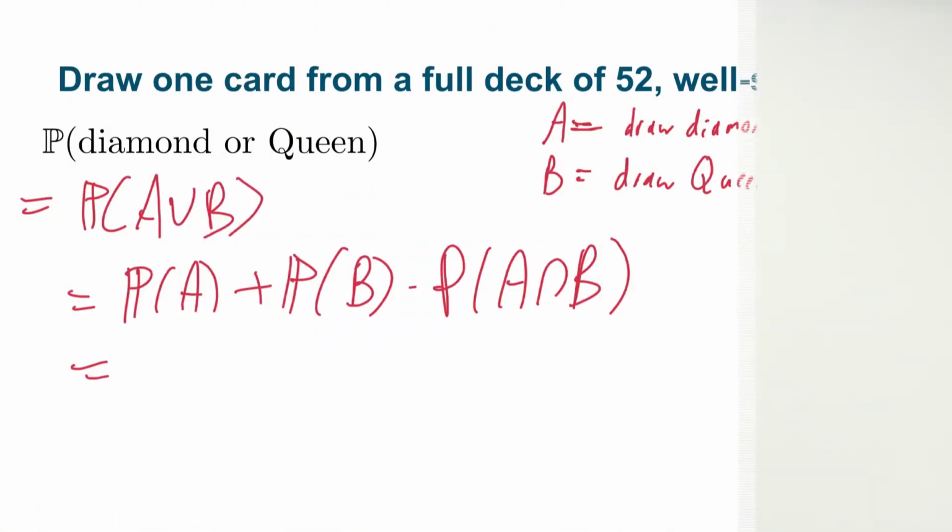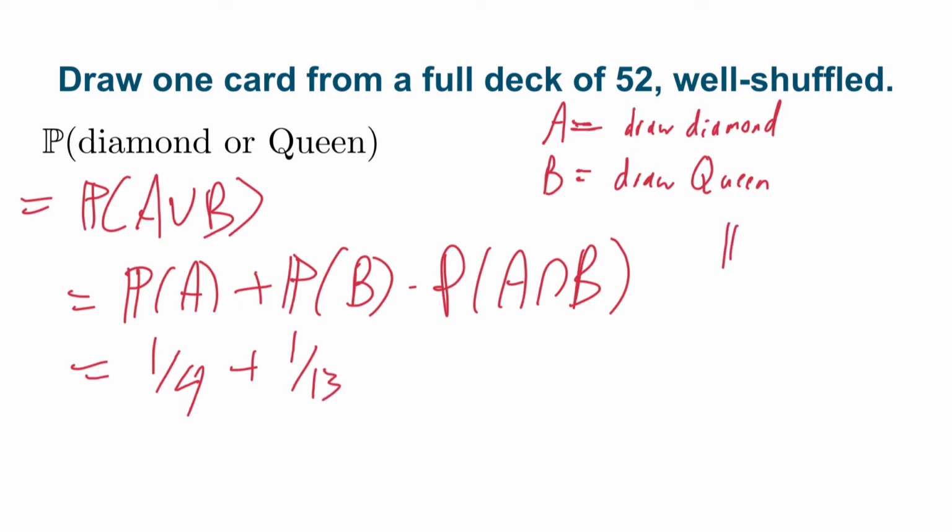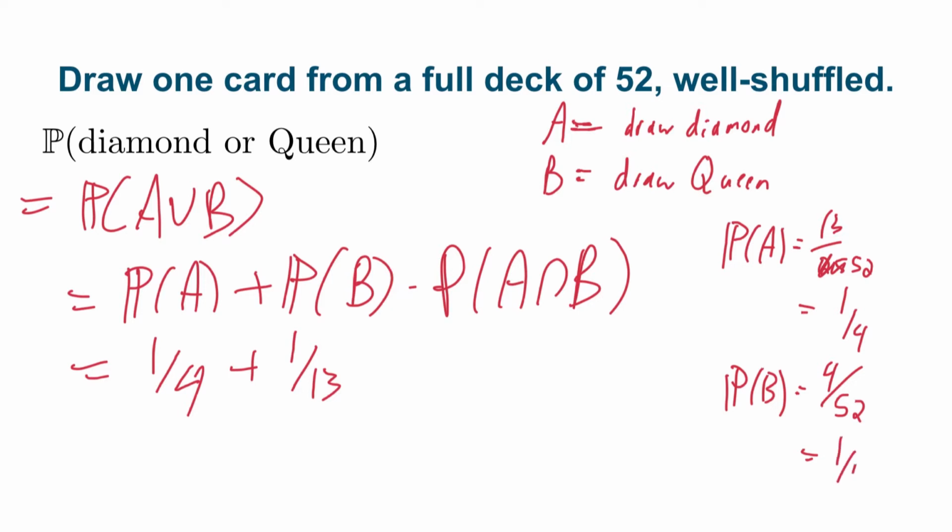So this is 13 out of 52, so 1 in 4. What's the probability of drawing a queen? Well, there are 4 queens in the deck, so 4 out of 52, so 1 in 13.